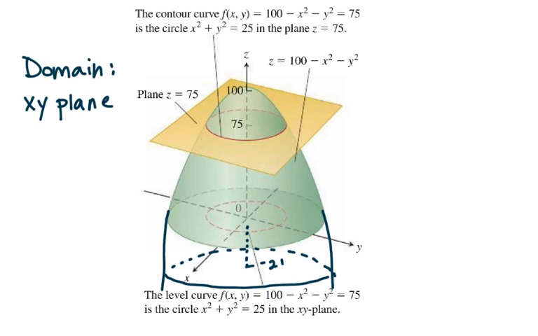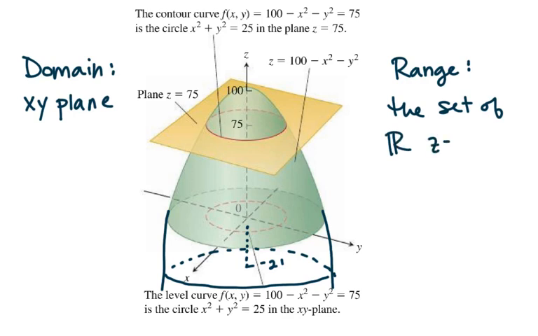So it's any xy point. And the range here, range are our z values. And so we have a maximum z value. So the range is the set of real numbers for which z equals this function of xy is less than or equal to 100.